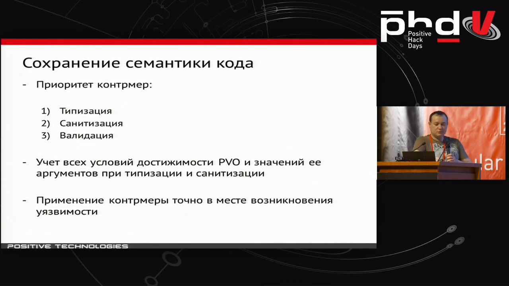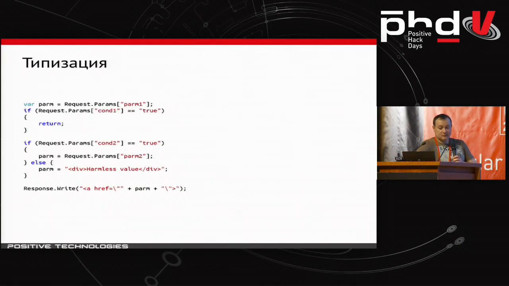If you can typify it, you typify it. If you cannot typify it, we sanitize it. And then we validate it, and we need to consider all the terms of the attainment of PVO, and its values and its arguments, during typifying.